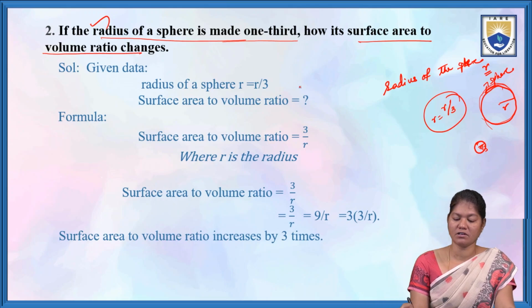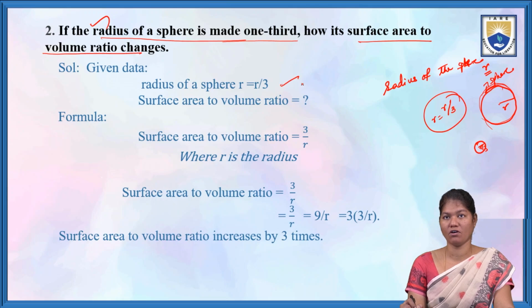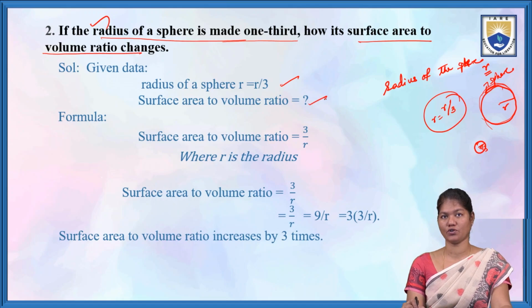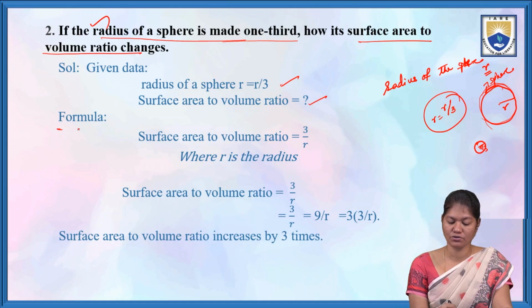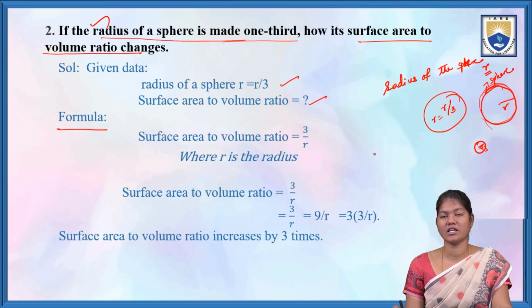So the given data is the radius of a sphere r is equal to r by 3, and the surface area to volume ratio needs to be calculated. For this we are using the formula surface area to volume ratio equals 3 by r, where r is the radius.